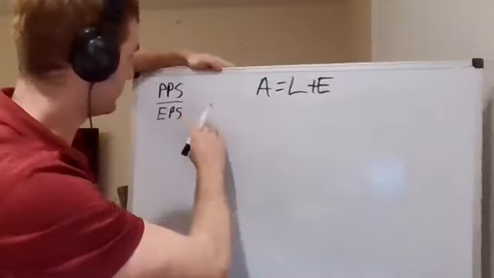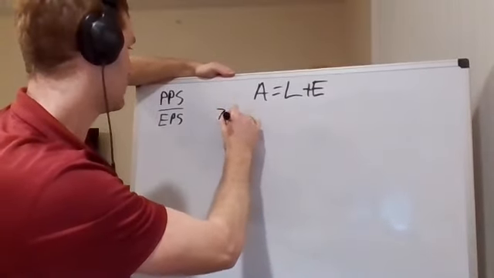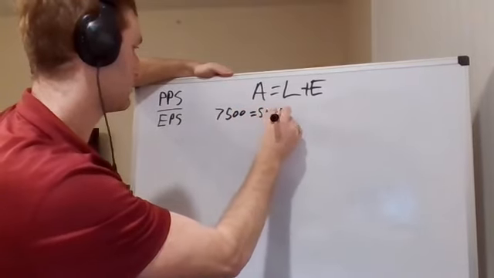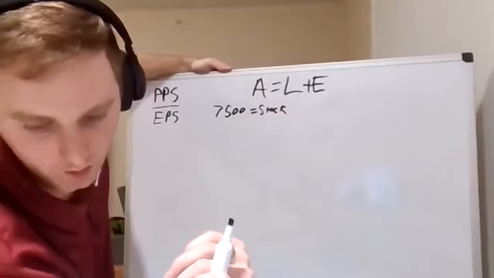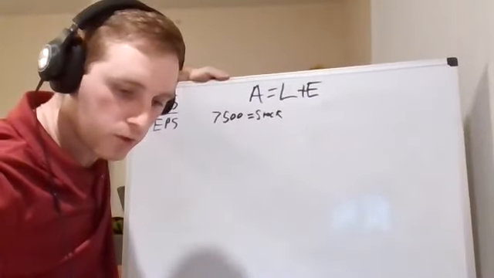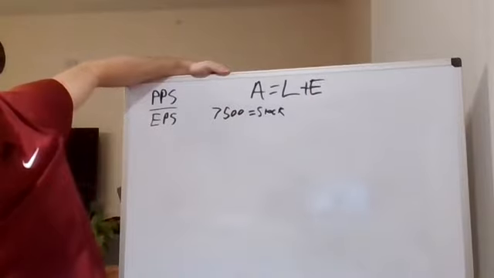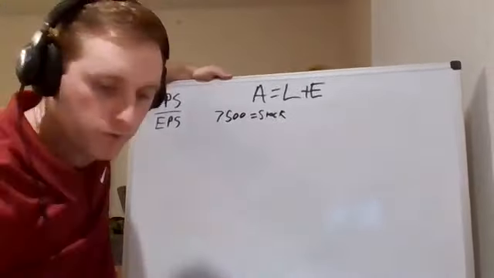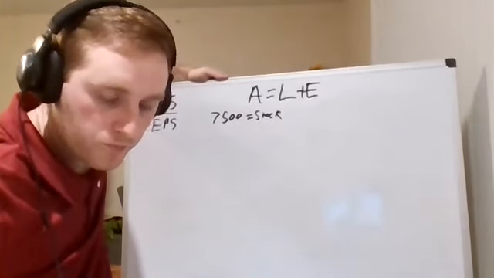So we have to figure these two things out. Well, we know we have 7,500 shares of stock, and our market price is 16.5. So we do 16.5 times our shares of stock, 7,500.